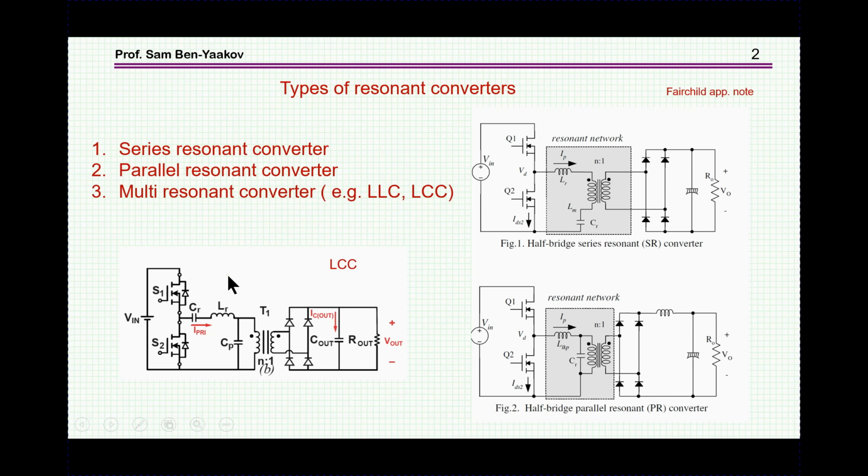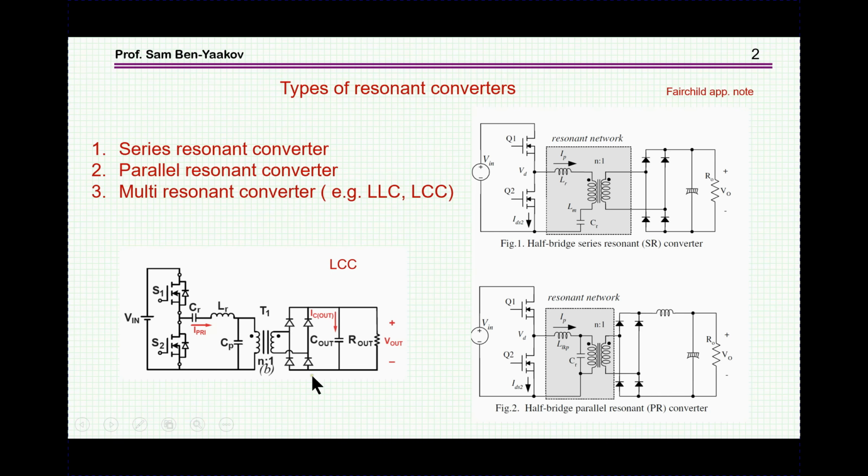Or it could be a multi-resonant converter in which we have more than just two active or reactive elements. And in the case of the LCC, we have two capacitors, one and another one. And then there's the resonant inductor.